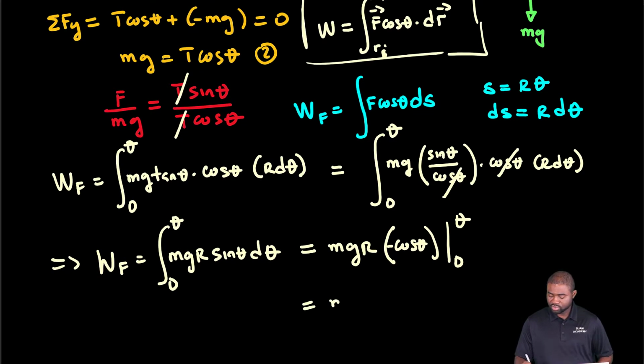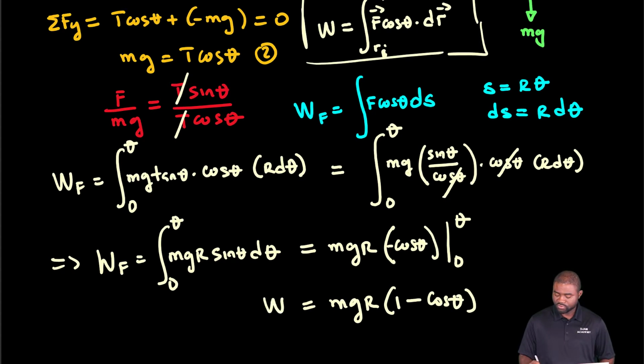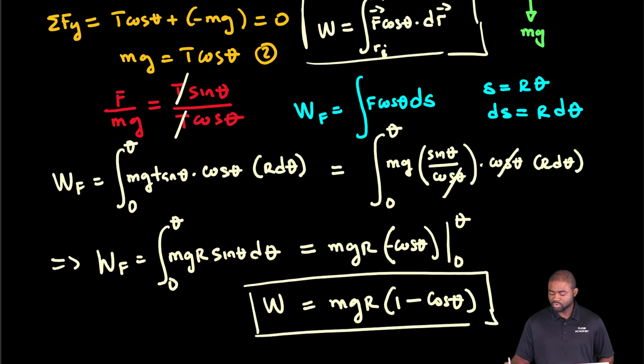This will be equal to mgr times 1 minus cosine theta. So this is the work done on Audrey by the variable force F. This is a very beautiful result. So let's analyze the results carefully.